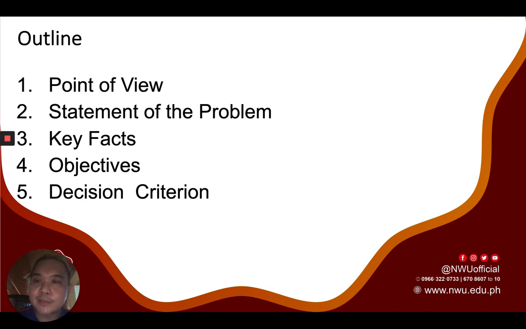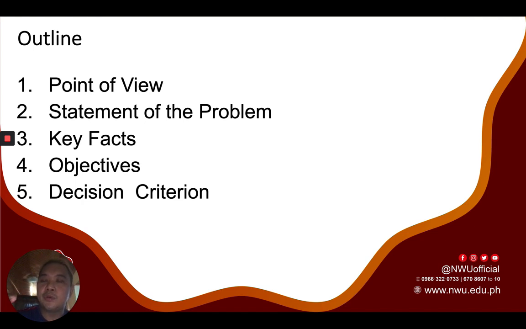Some of your classmates, their objective may be to decrease cost. Okay? So, you have two different objectives. One is to increase market share, and the other one is to decrease cost. Okay?